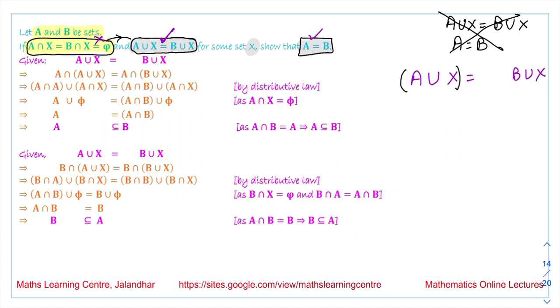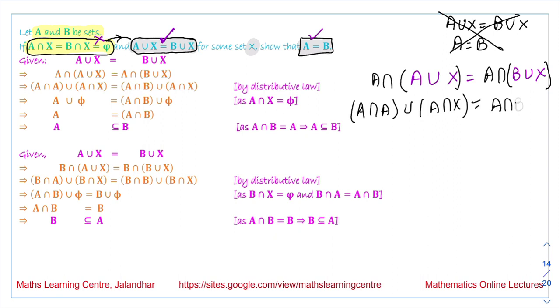Now we take intersection with the set A on both sides. By the distributive property, we get A intersection A union A intersection X, that is equal to A intersection B union A intersection X. Now what is this value?